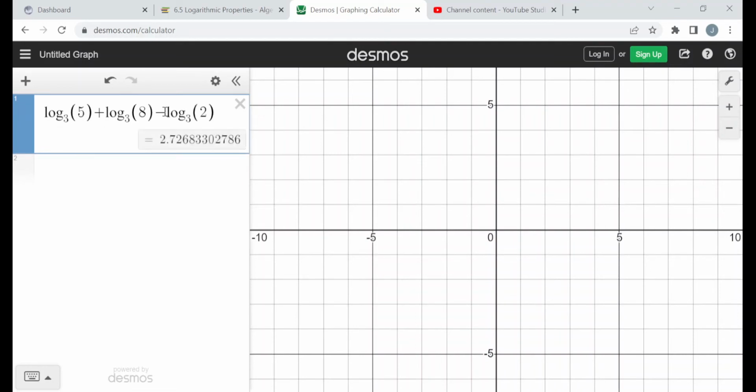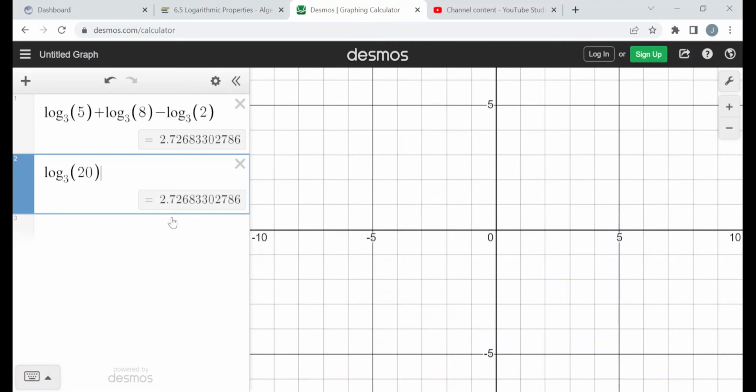You see I'm getting this value here, 2.72683302786. Let's see if our final expression is correct, it should have the same value. We said this will be equal to the log base 3 of 20. And look at that. It indeed is the same number.